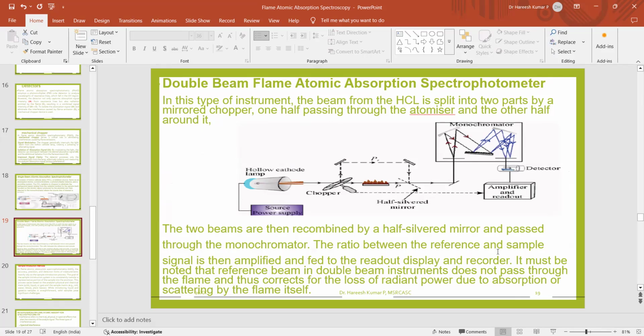The ratio between the reference and the sample signal is then amplified and fed to the readout display. It must be noted that the reference beam in a double beam instrument does not pass through the flame and thus corrects for the loss of radiant power due to absorption or scattering by the flame itself.